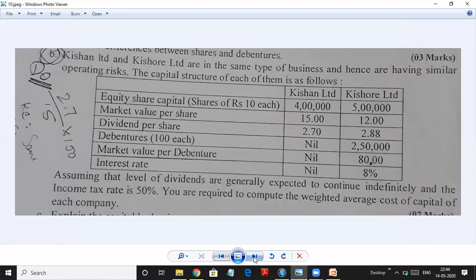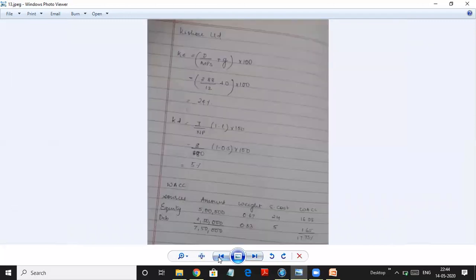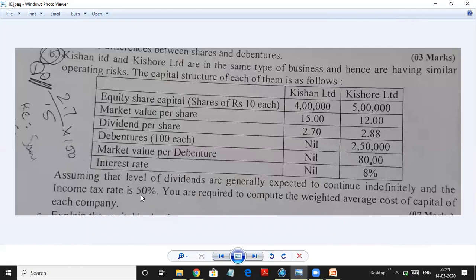So interest 8 divided by market value or net proceeds 80, into 1 minus tax rate, that is 0.5, into 100, you will get 5% as cost of debt. You can see here the tax rate is 50%. 8% of 100 is 8 rupees interest, 80 rupees is the net proceeds. If you sell a 100 rupee debenture, you will receive 80 rupees.